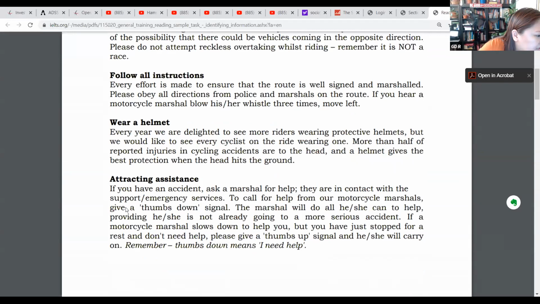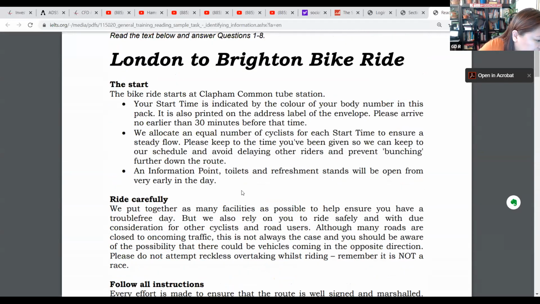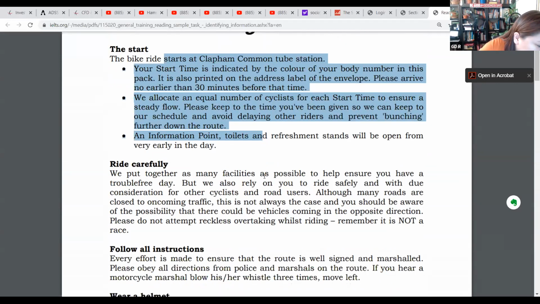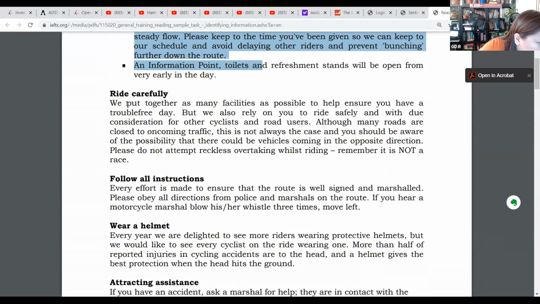Remember, nothing about it here in the start. It doesn't talk about anything about the normal flow of traffic. Ride carefully. Here. But we also rely on you to ride safely and with due consideration for other cyclists and road users.